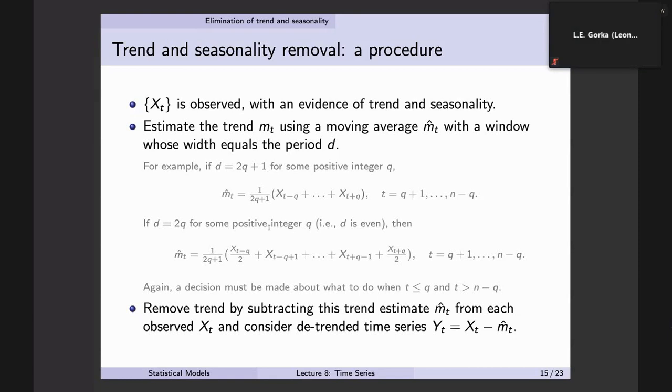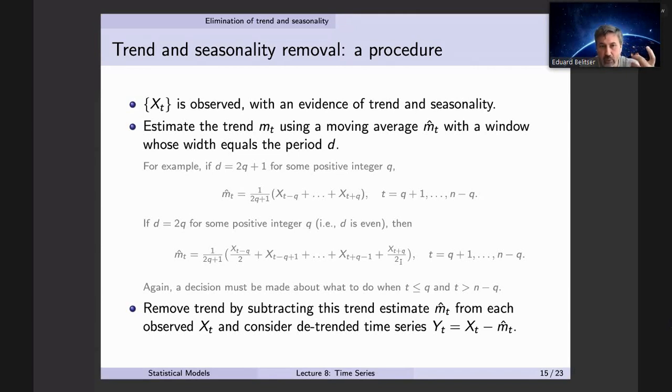If it's actually even, we have to do something about this because we don't have xt in the middle with Q on the left and Q on the right. We have to adjust this a little bit. So the last ones we give a weight of 1/2.